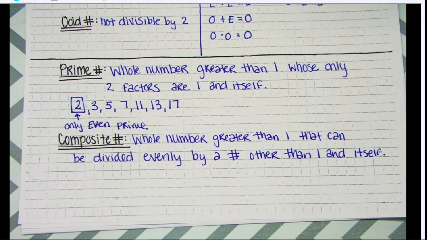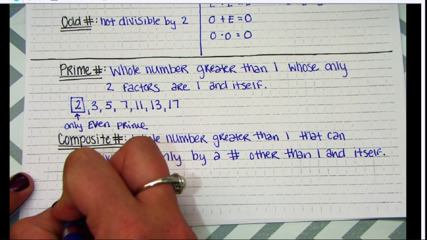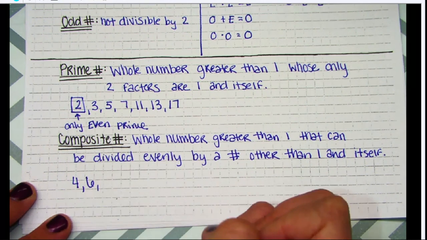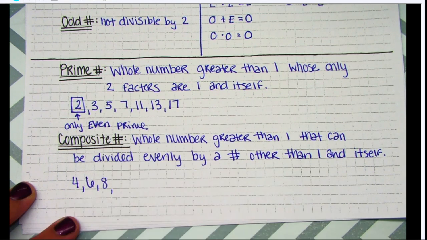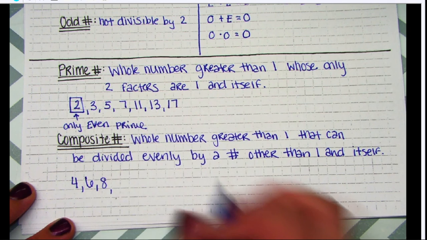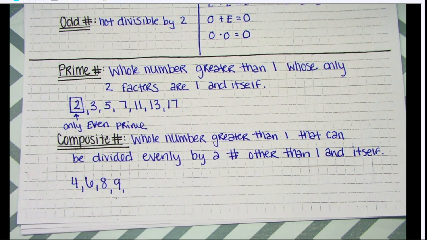Okay. So what is the smallest composite number? What? 4. Composite numbers start at 4. Can't be 3 because I can only do 1 times 3, and 2 is also prime. What's the next one? 6. Next. 8, yeah. 4 times 2. What's next? No. 9. 3 times 3.